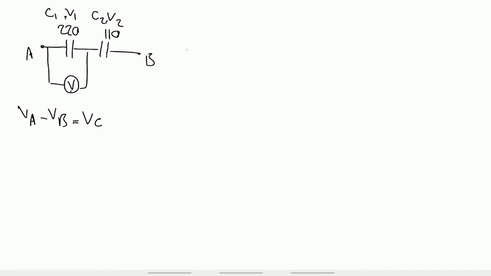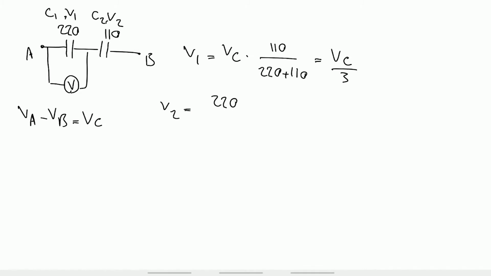From the previous page, we know that V1 equals VC times 110 over 220 plus 110, which is VC over 3. And V2 equals 220 over 220 plus 110 of VC, which is VC multiplied by 2 over 3.